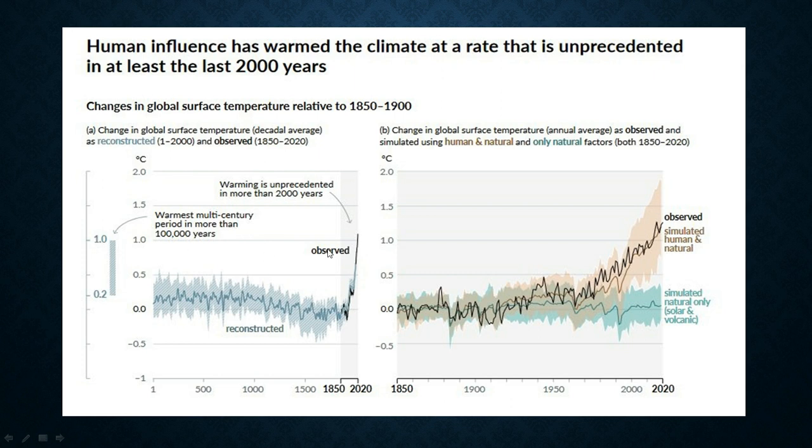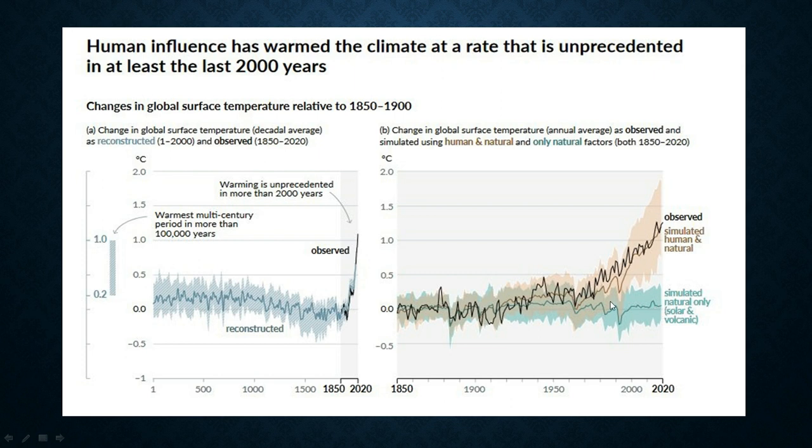There it is. And then the change in global surface temperature as observed and simulated using human and natural versus only natural factors, both looking at this observed period, 1850 to 2020. So what they're saying here is, if you follow these lines, this blue one with the confidence interval shading is just looking at natural only: solar, volcanic, what have you.